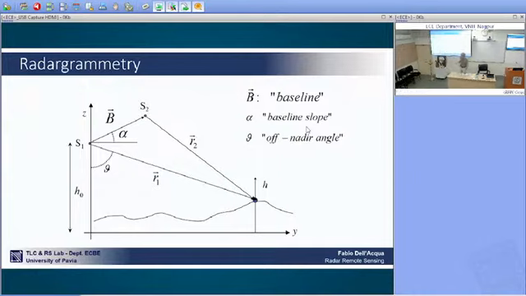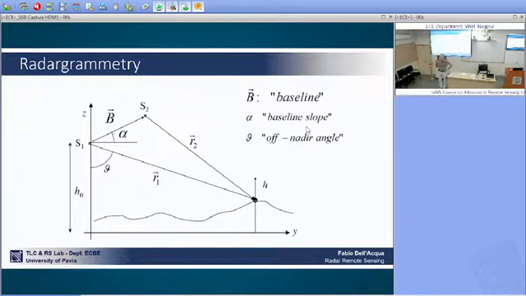But there's a big problem inherent in this approach: you measure these distances with a resolution which is typical of radar systems, meters or tens of meters. Tens of meters is more likely. These distances are on the order of hundreds of kilometers.